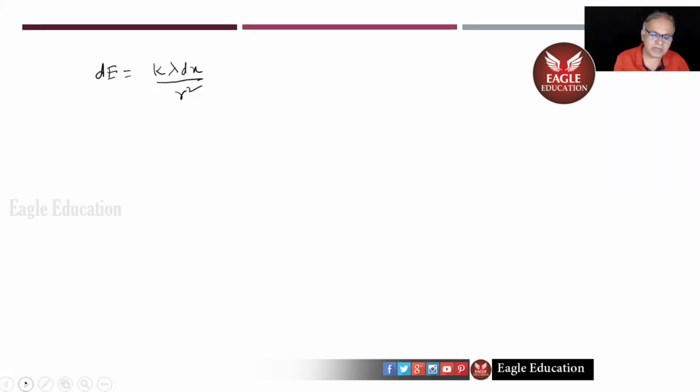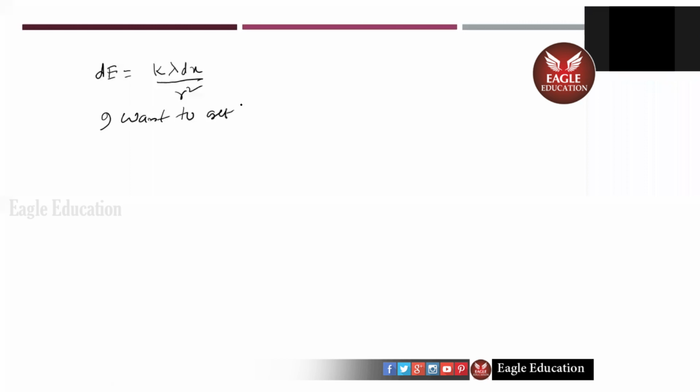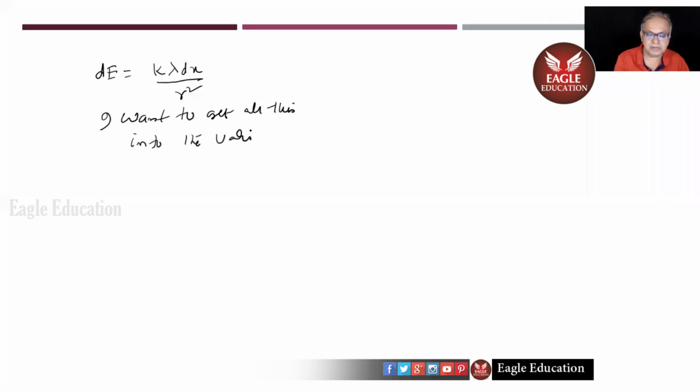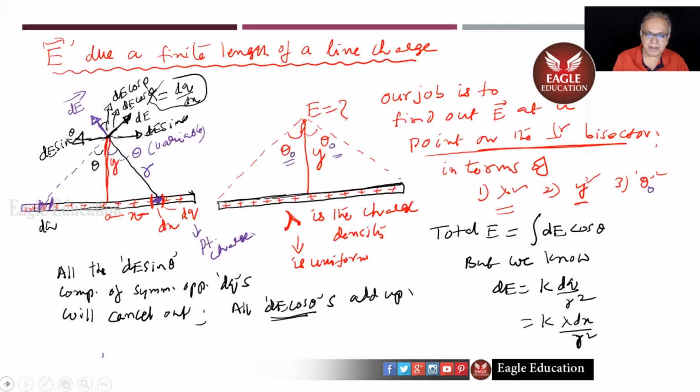Now I want to get everything into theta terms. I want to get all this into the variable theta. For that, I'll write something from the figure there. Look at this. Tan theta is what?